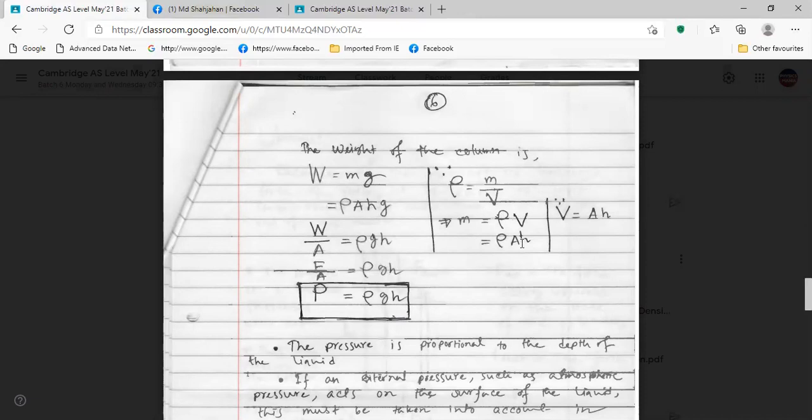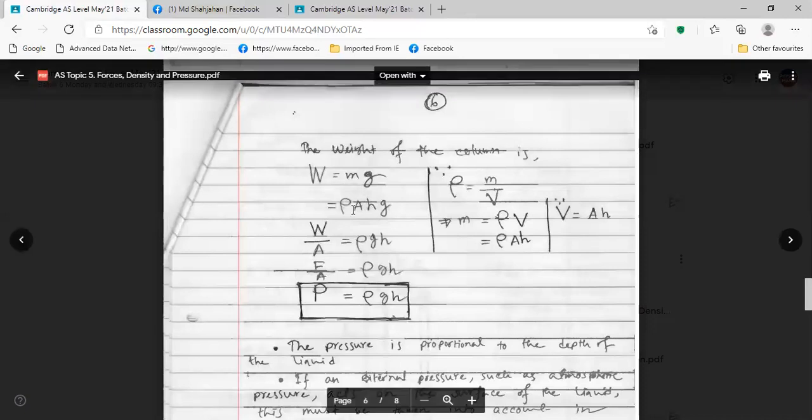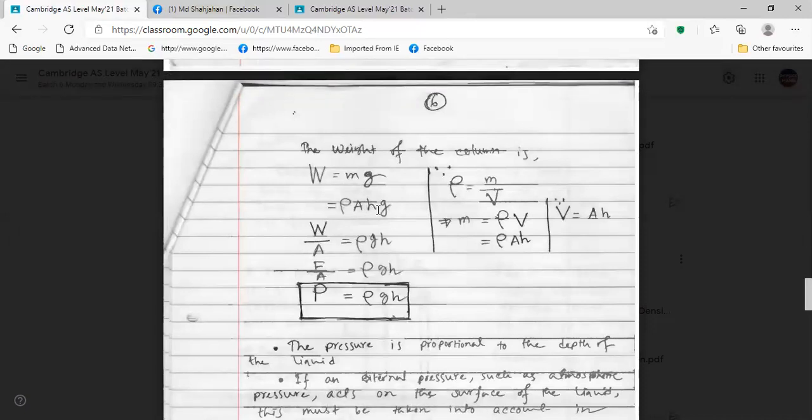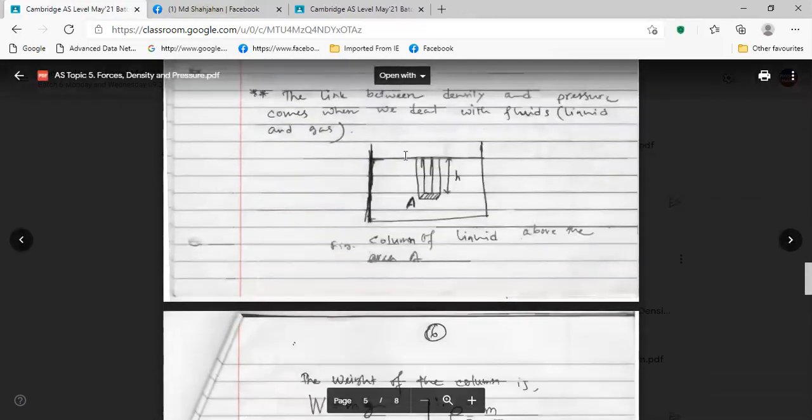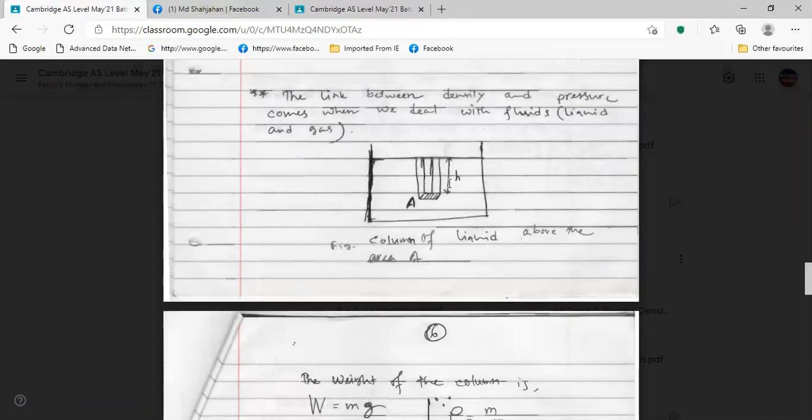So we just replace it here: rho A h multiplied by g. You can also draw this diagram, what is A, what is h, to understand.